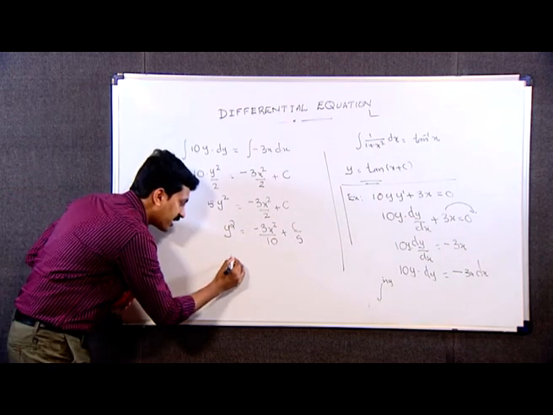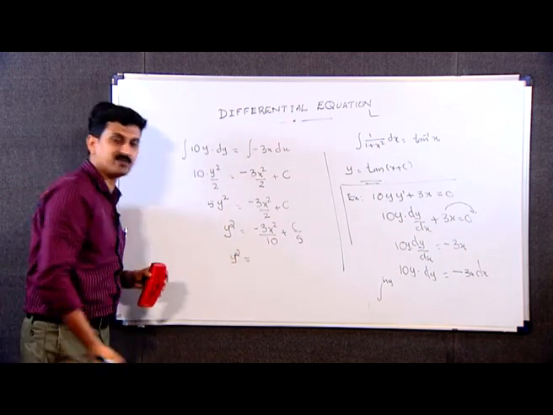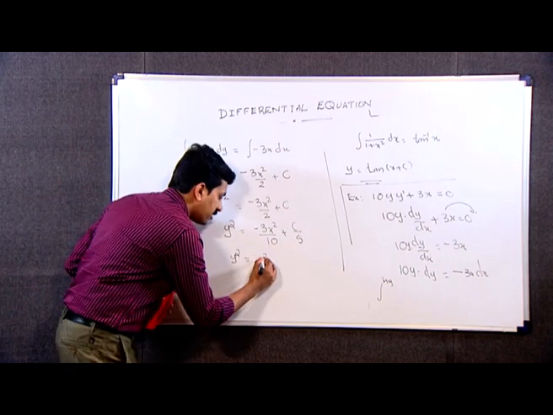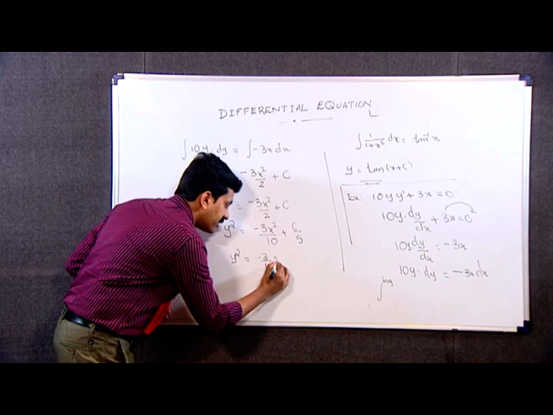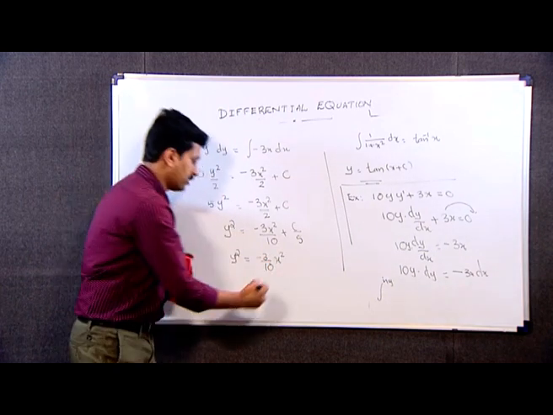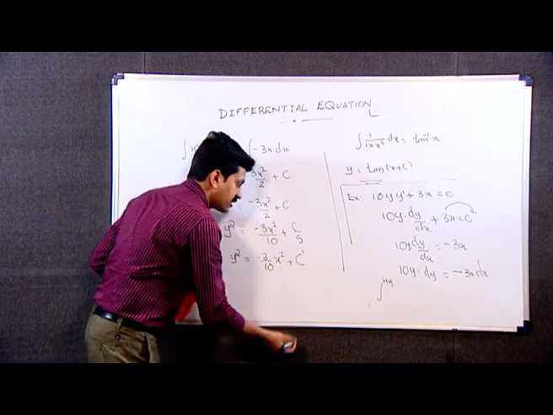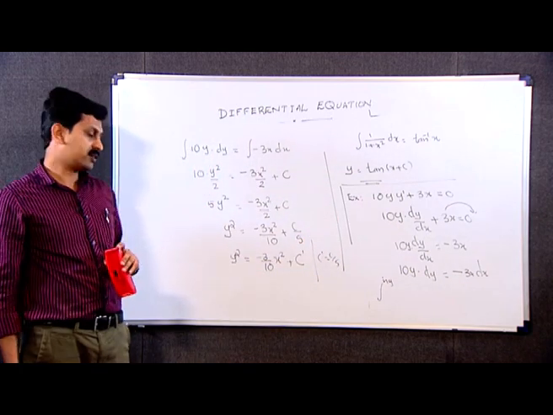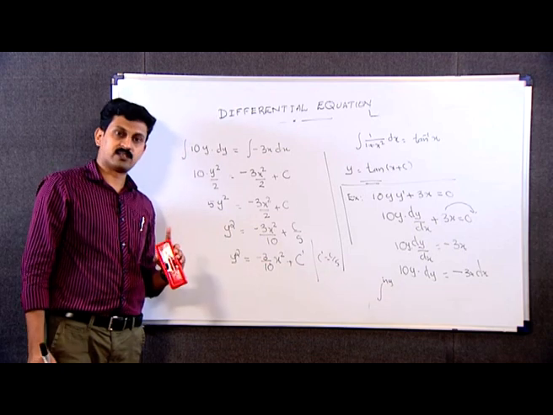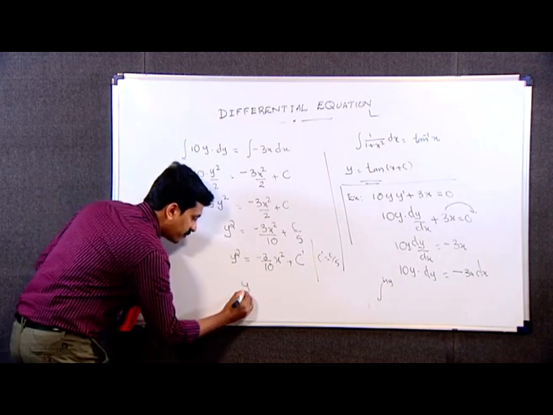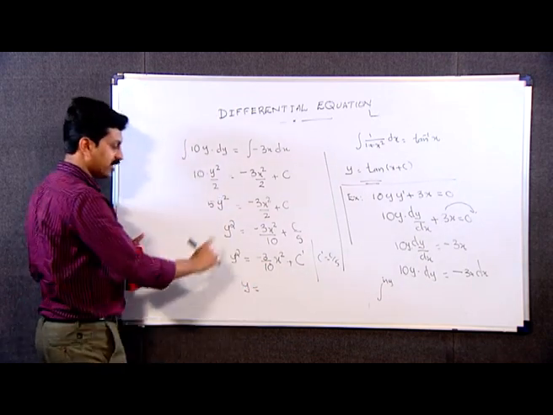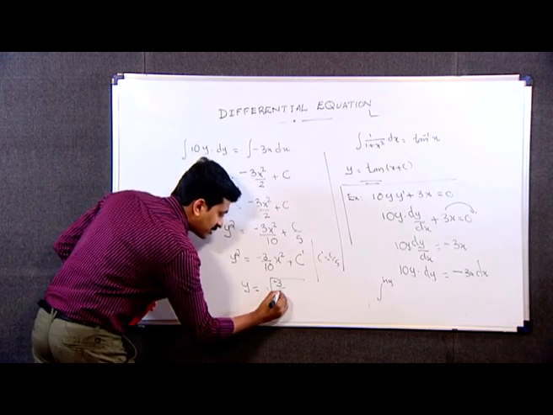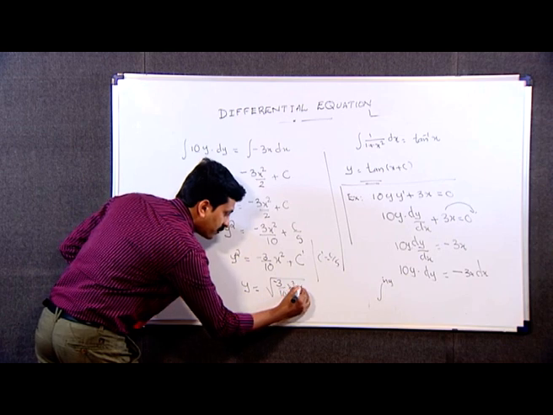This can be written as y square equal to minus 3 by 10 x square plus some other c dash, where c dash is equal to c by 5. This is a solution, and to get y, if we need, we can take the square root of minus 3 by 10 x square plus c dash.